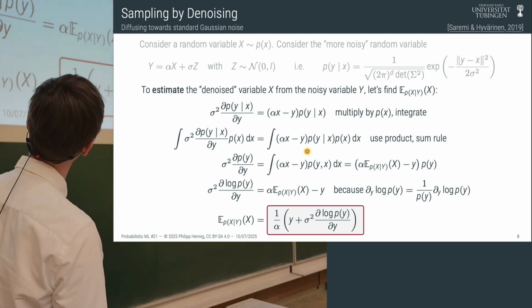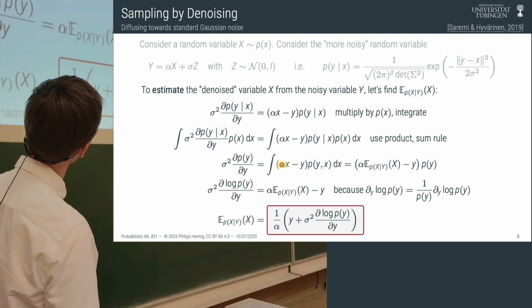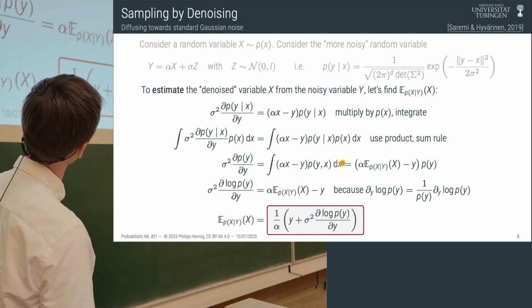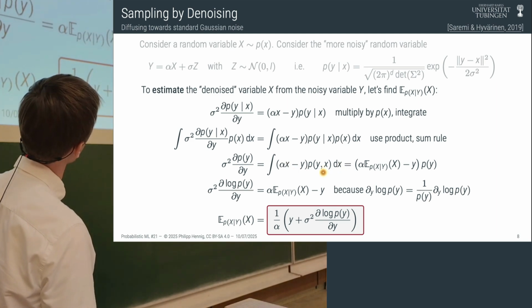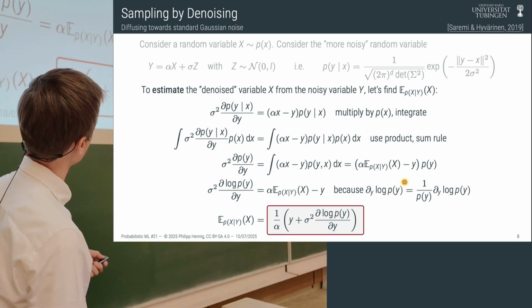And what we get here is that in the term with the x, we get an expected value of x under p of x given y minus, well, y, since an integral against x is just a probability distribution, it's just 1, so y times p of y.